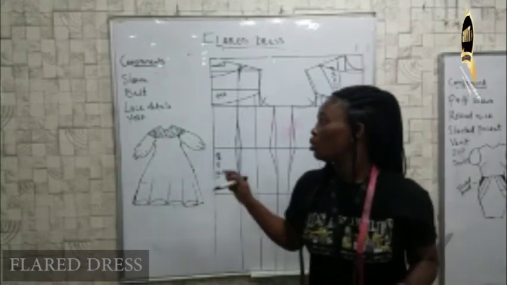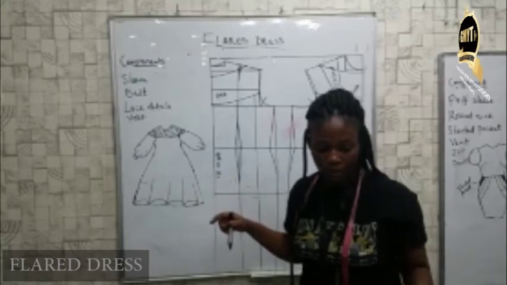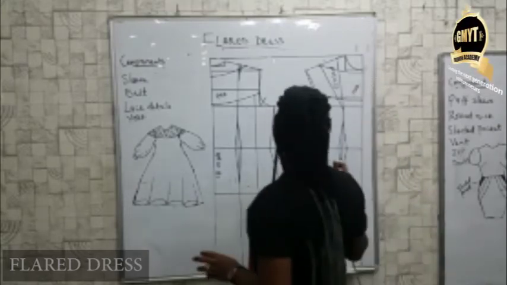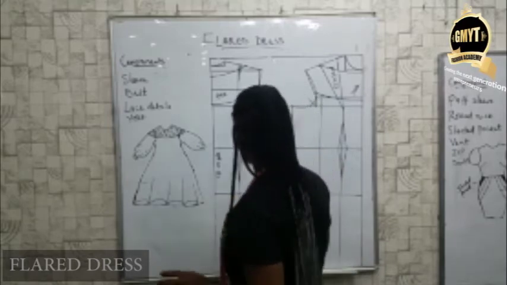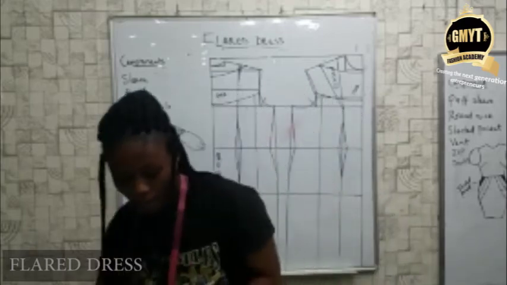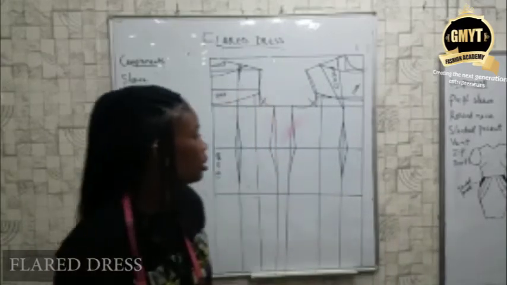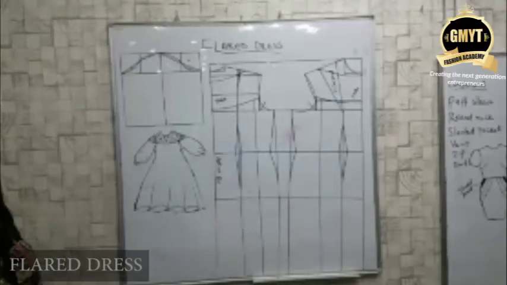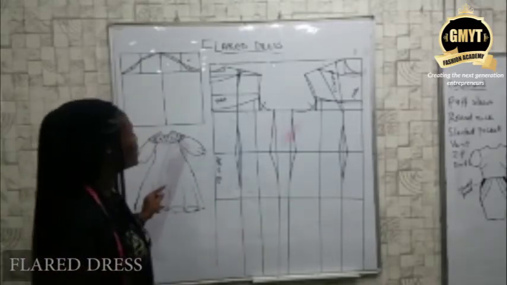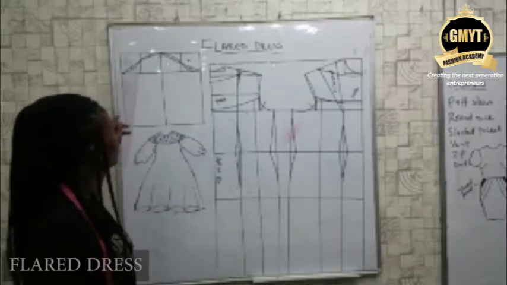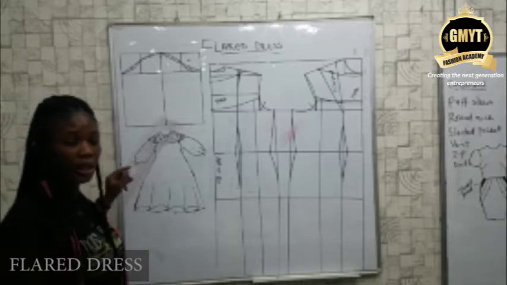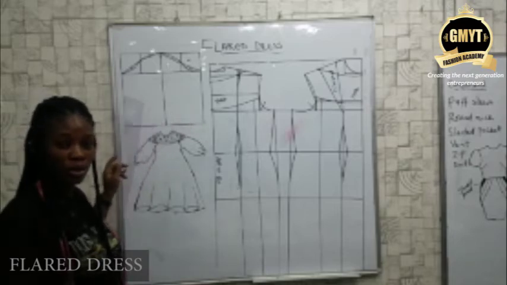So now, going to the sleeve, all you need to do is draft your basic sleeve pattern first, which I'm going to do on the board right now. Okay, so now, achieving my sleeve, you must draft your basic sleeve first, which I've done on the board. Then the next thing is to mark the yoke point on my sleeve.